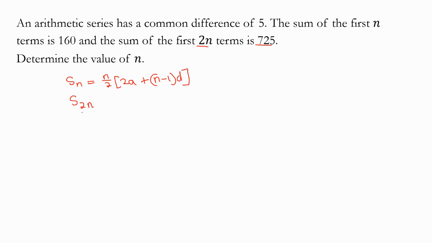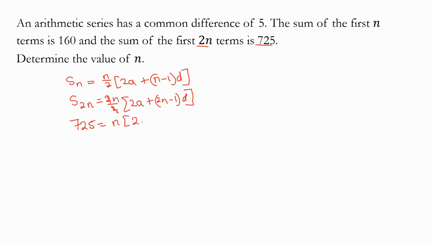So where there's n, we put 2n. So it's going to be 2n over 2 times (2a plus (2n minus 1) times d). Okay, let's substitute what we have now. 725 is equal to 2 divided by 2, we remain with n there because 2 divided by 2 is 1.